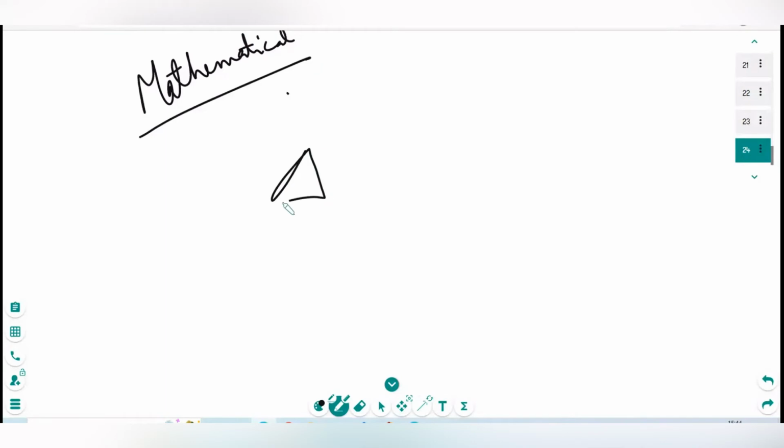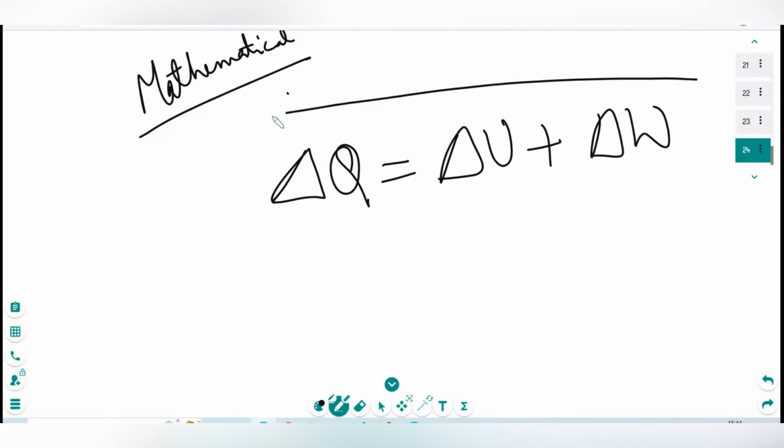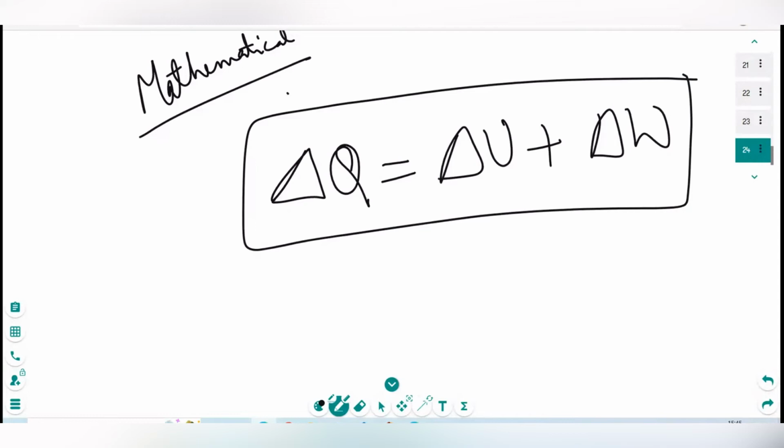Now, when I talk about potential energy getting converted and so many things, mathematically, if I have to write it, I also have one equation, which is the change in internal energy.